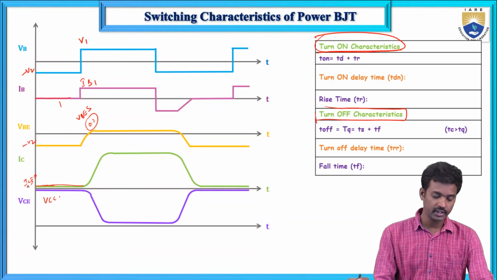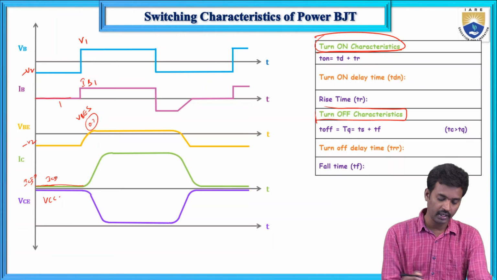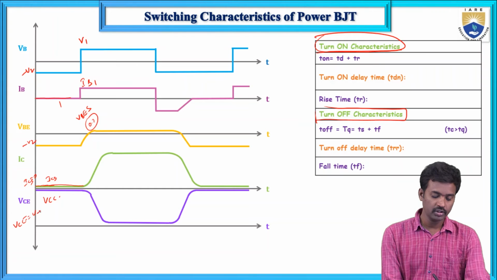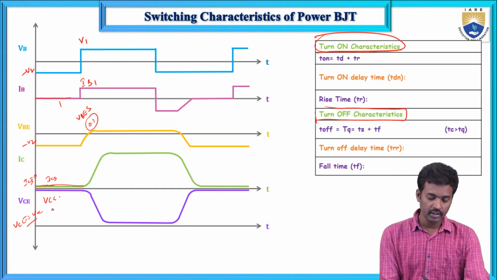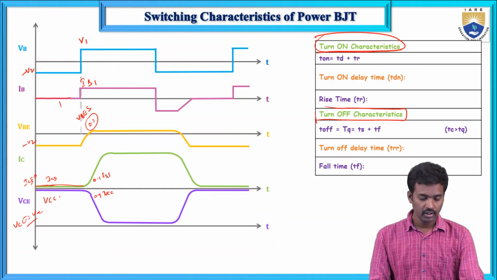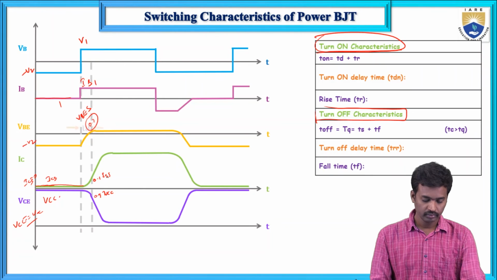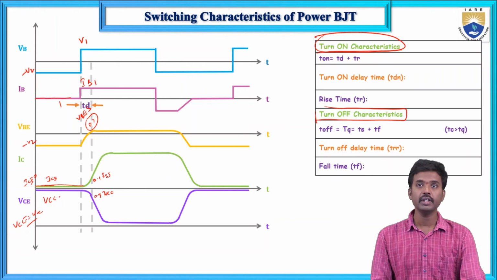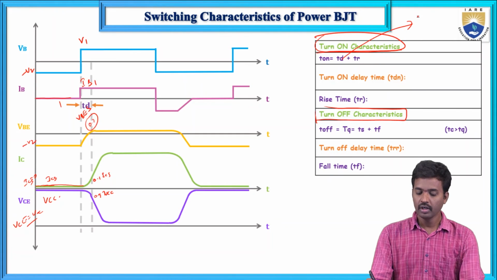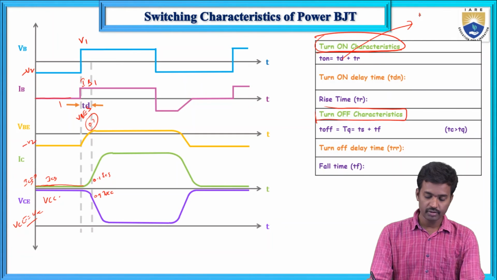Here this is VCC, VCE equals VCC when there is no conduction, and VCE falls from VCC to 0.9 VCC while the current reaches 0.1 ICS. This is the delay time.